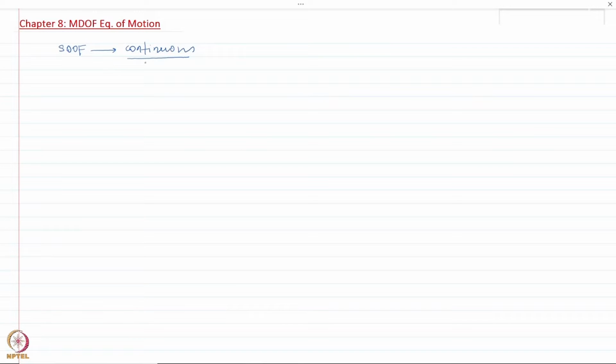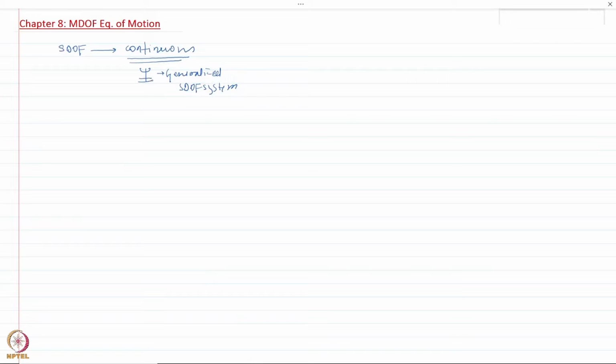We said that this was an approximate method because we did not exactly know what the deflected shape phi was.